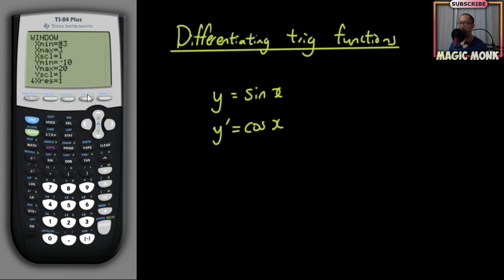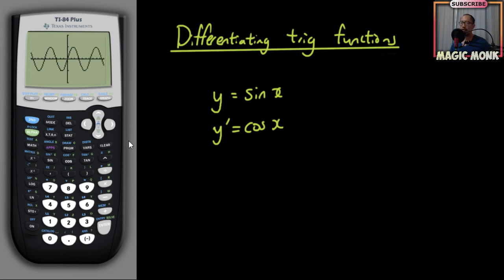For x min, x max, put -6 to 6, and then for y min, y max, just put -2 to 2. If you graph that, you get a nice sine curve.